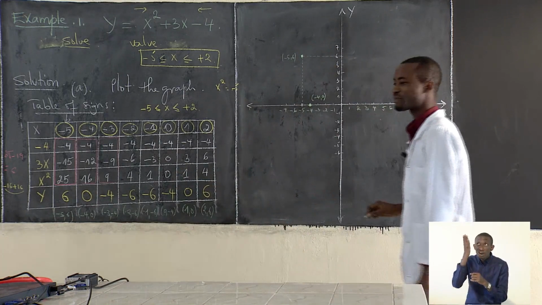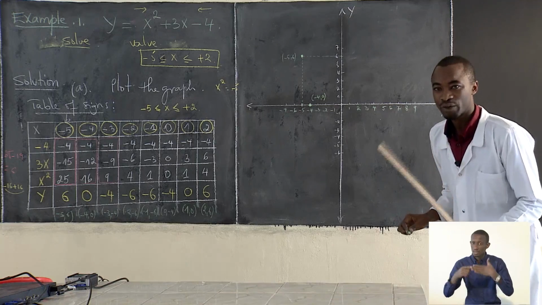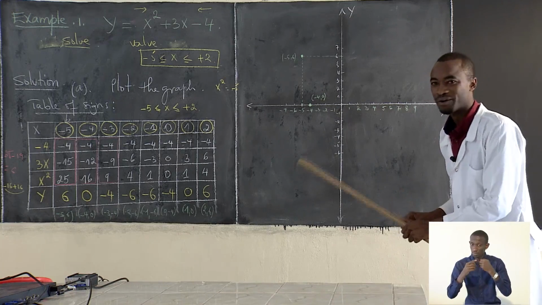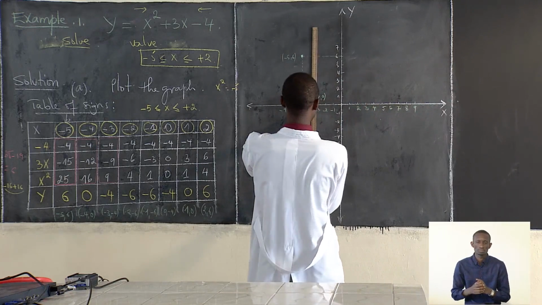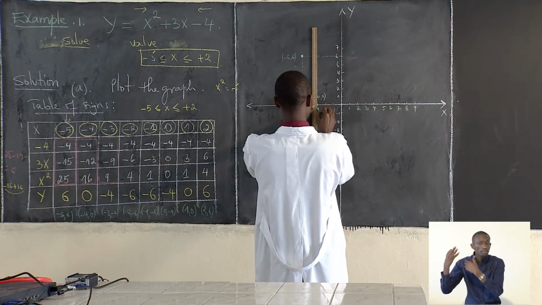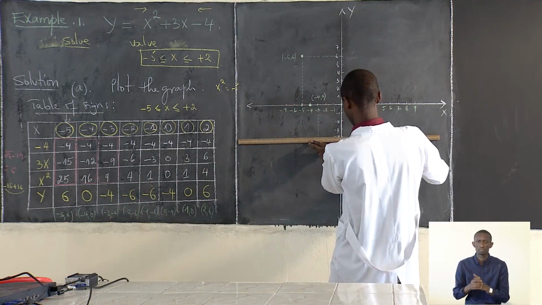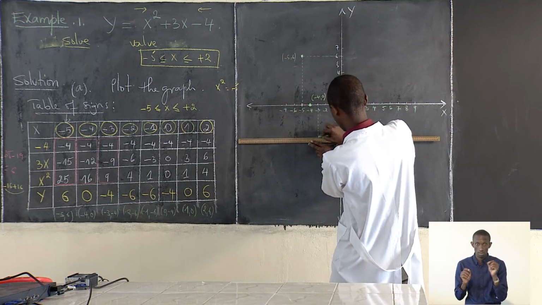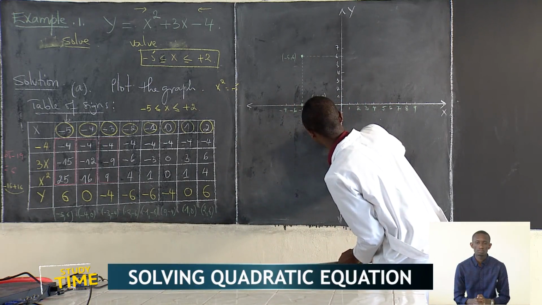Have you seen it? Next, it is -3 and -4. We have -3 here and -4. We go down a little bit here, like that, like this. This is the other point we have.